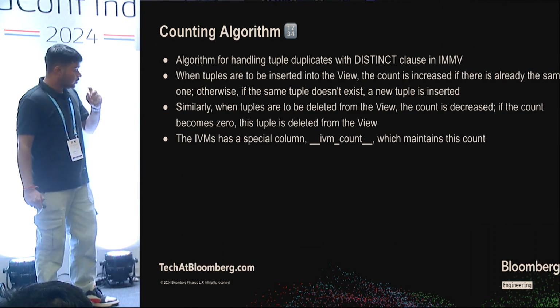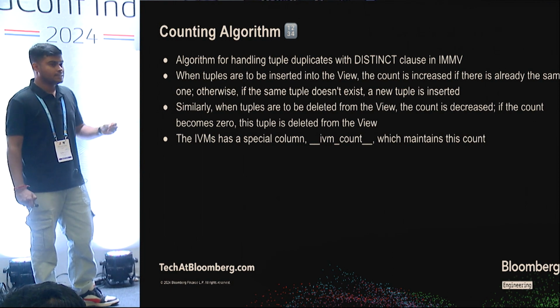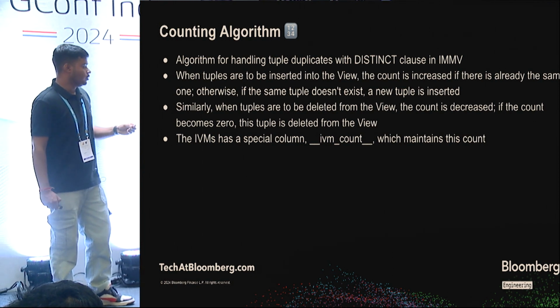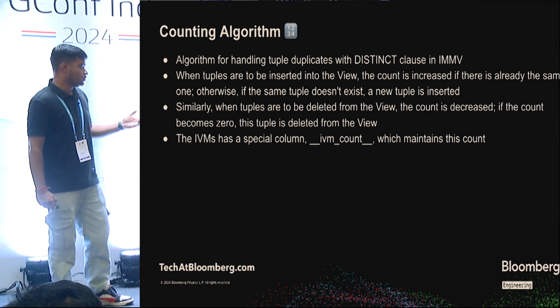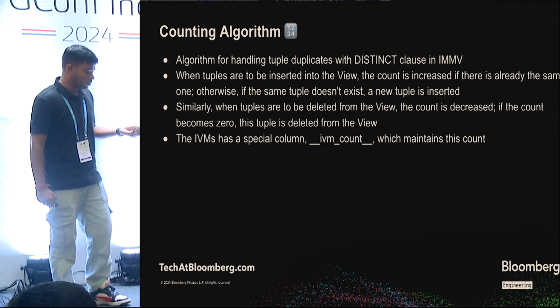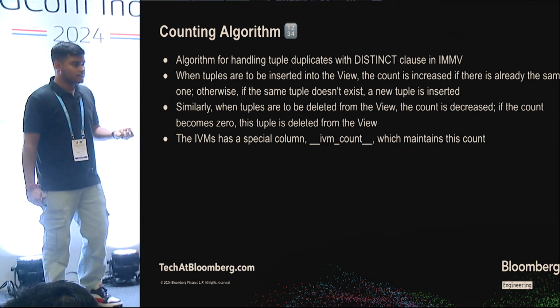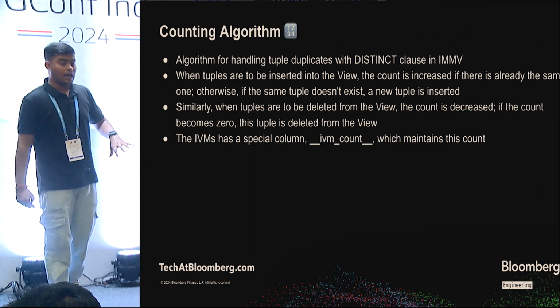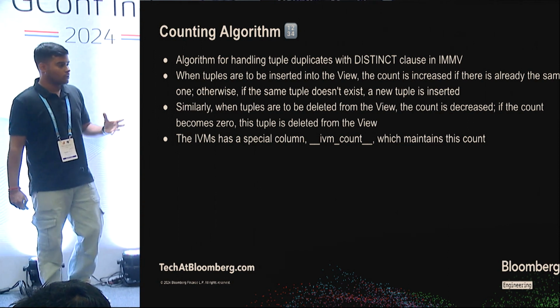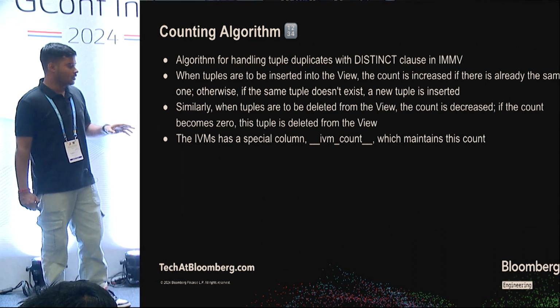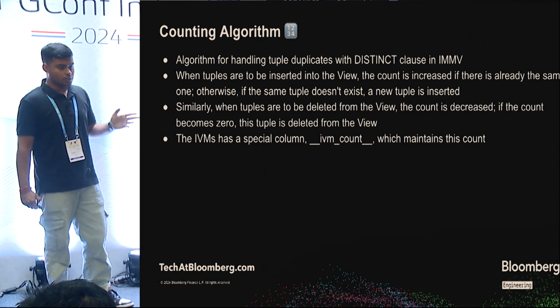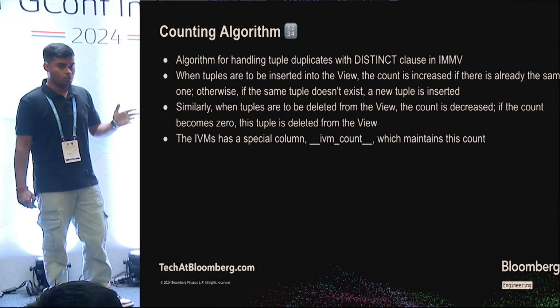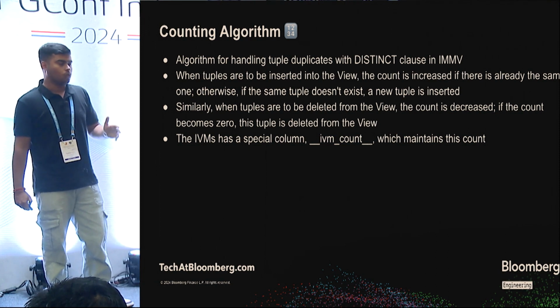By the counting algorithm, PGIVM introduces a special column in our materialized view, known as underscore IVM count underscore, which maintains the count of every tuple that is inserted in our view. Whenever we are adding a tuple, we do not directly add it to our view. We check whether the initial count of that particular row was 0 or not, and if it was 0, only then we add it.